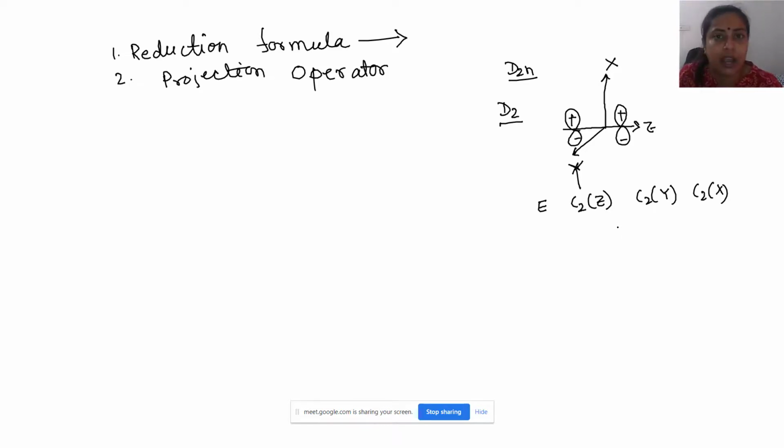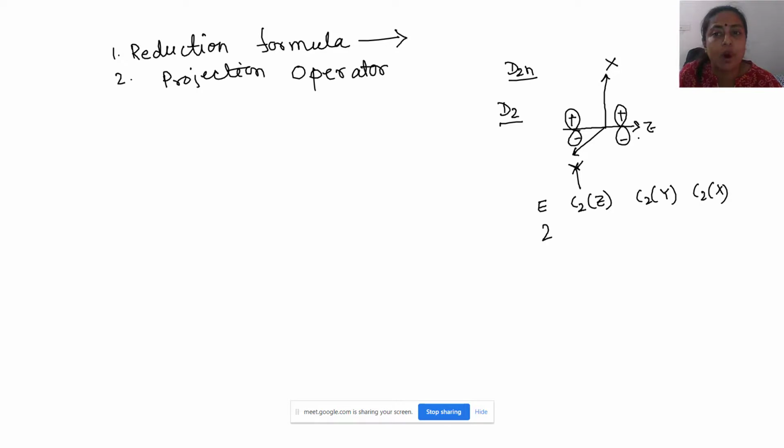So to simplify, we say that the unshifted basis functions contribute to the character. Now while performing the do-nothing operation E, both of them are unshifted in their position and none of them changes sign. So the character should be 2.